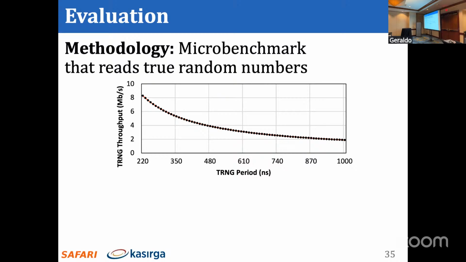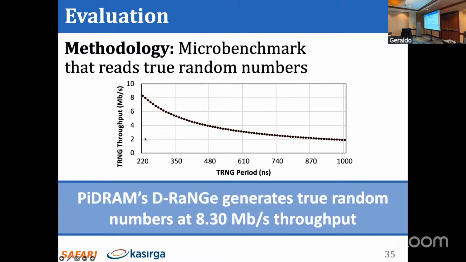The memory controller keeps periodically generating random numbers and storing them in some buffer. So you can adjust that period. If you have an aggressive period, we could go down to 220. This is a design limitation of PiDRAM. We can improve this in a new version. There are no fundamental limitations. You get up to 8.30 megabits per second throughput in an end-to-end implementation of D-RaNGe in our infrastructure.